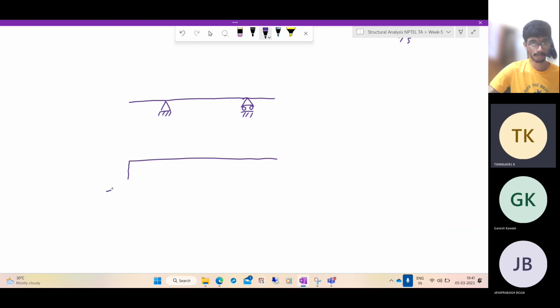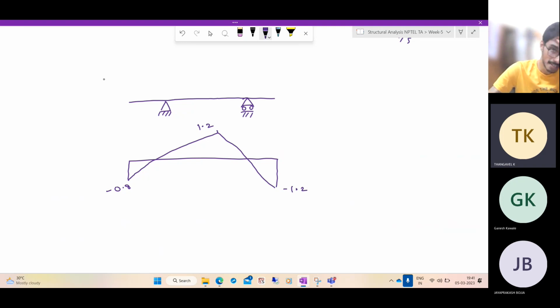Here it is minus 0.8. There it is 1.2. Here it is minus 1.2. So these two loads are moving like this. So first I have a 20 and then I have a 100.